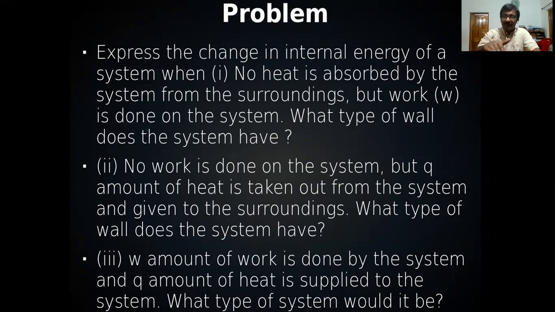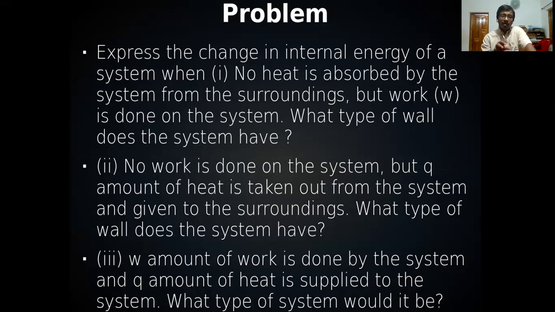Work is done on the system means W is positive. Q is 0, no heat is supplied to or taken from the system. If there is no transfer of heat between system and surroundings, the process will be adiabatic.